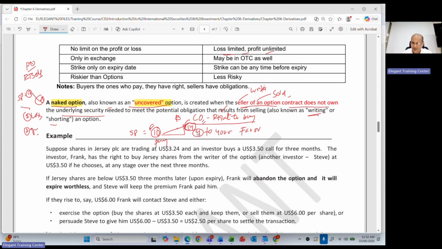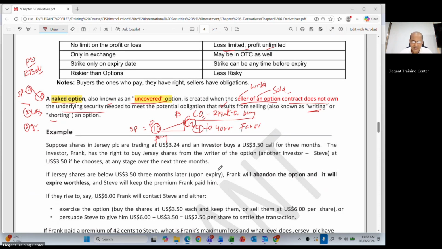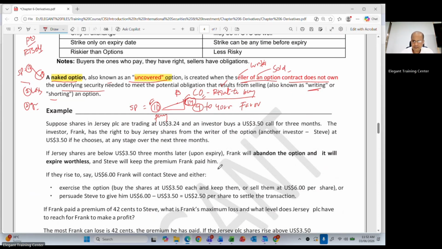And this 4 million will be loss for the seller, right? So for the call and put option buyer, there is no limit to the profit. So profit is unlimited and loss is limited. And loss is limited to the extent of premium you paid. That's all.